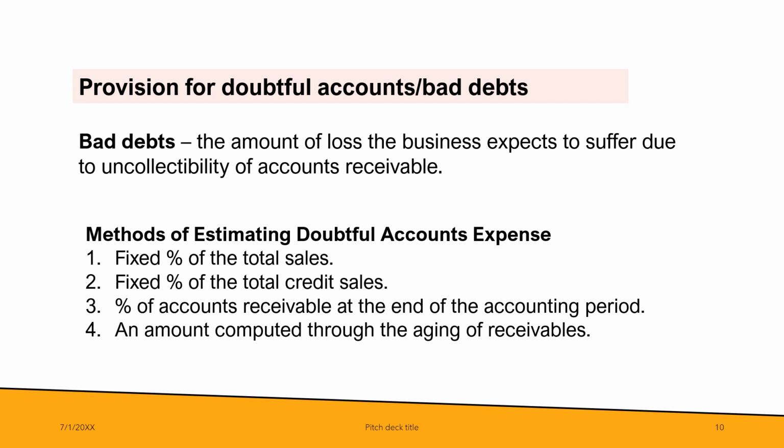How about number three? Percentage of accounts receivable at the end of the accounting period. For number three, your resulting amount is the required allowance. In that case, you have to consider the balance of your allowance for doubtful accounts before adjustments. Let's have an example in the next slide.